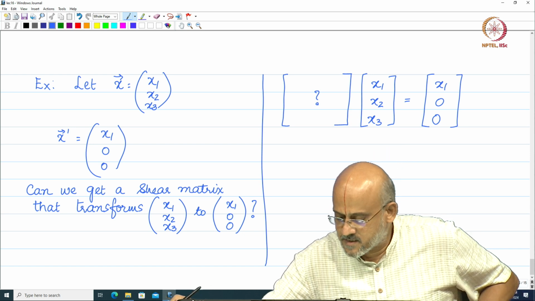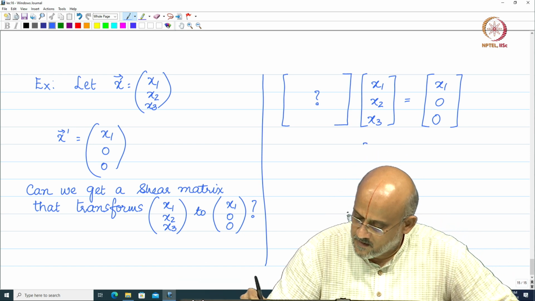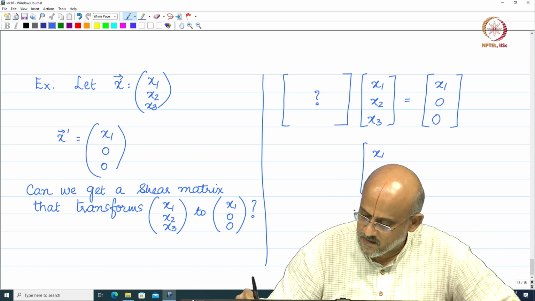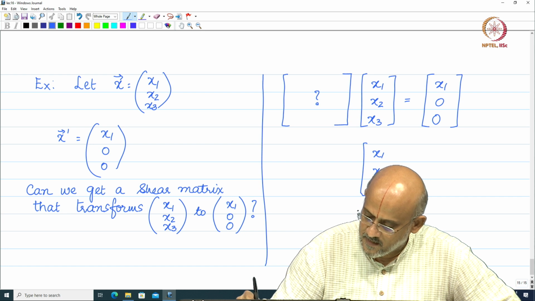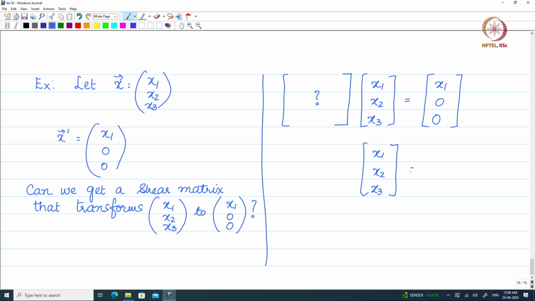If you look at this, let us say again x1, x2, x3, I want to get x1, 0, 0. You see the first component of the resultant vector is the same as in the vector x1, x2, x3. So I will retain the first component as such, nothing changes there.